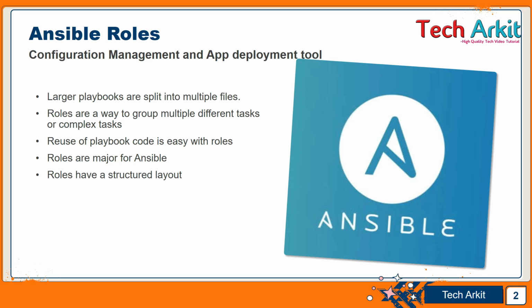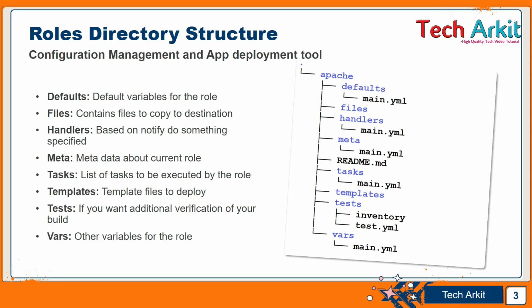They have a structured layout in which we have to place things. Whenever you create any role, for example, here I have created a role called Apache. It has a default directory structure. The defaults directory holds the default variables for the role.